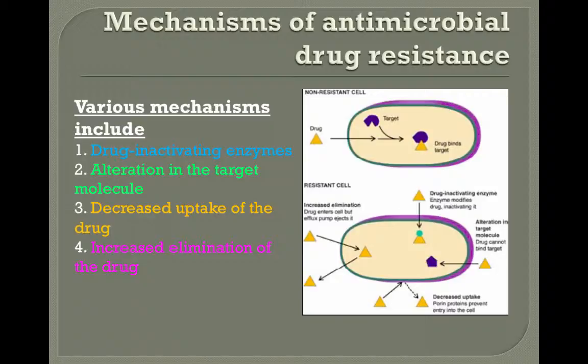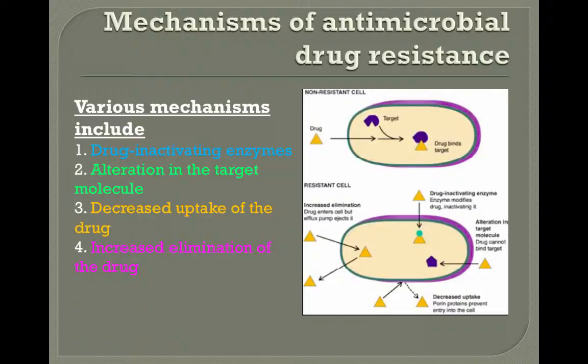So remember that there are several different mechanisms of drug resistance. Some mechanisms can include drug inactivating enzymes. So perhaps the cell has a plasmid that codes for the production of an enzyme that makes the drug ineffective.